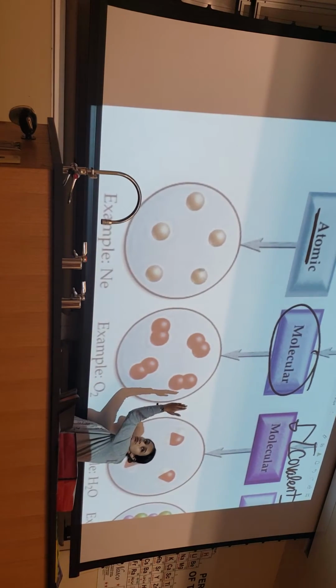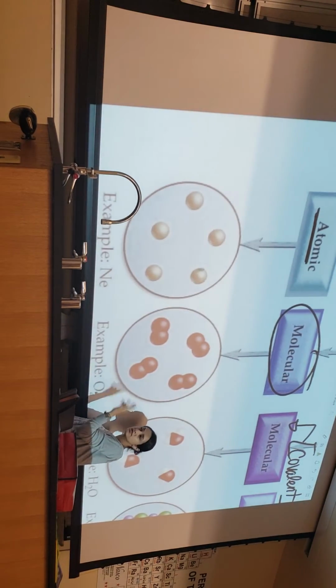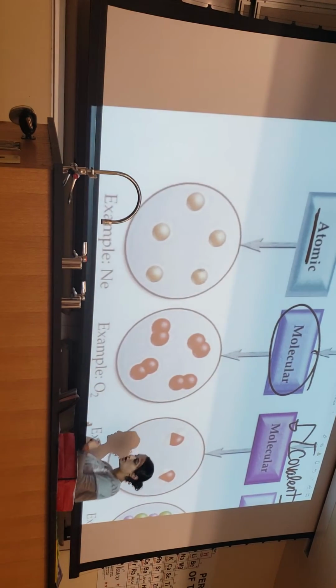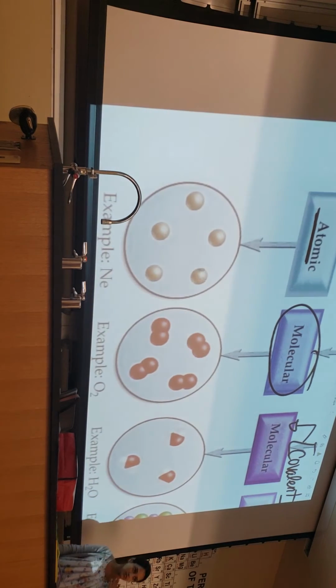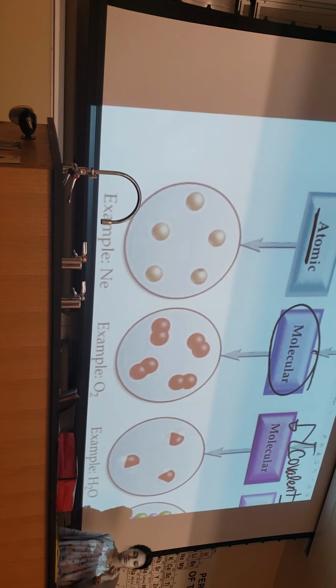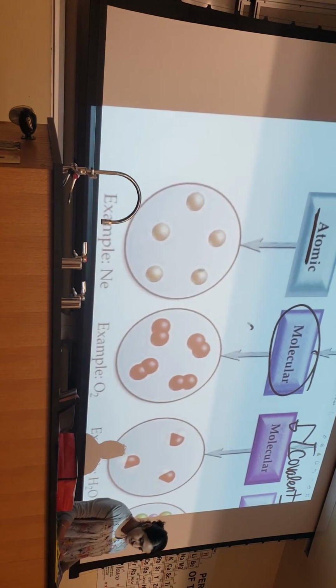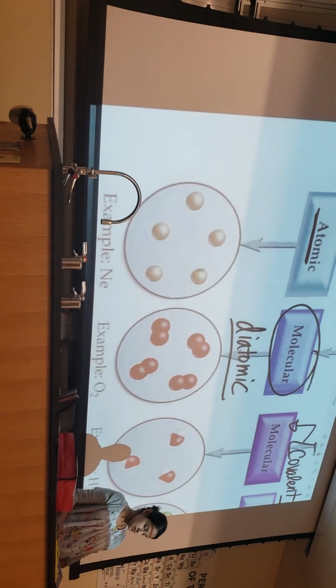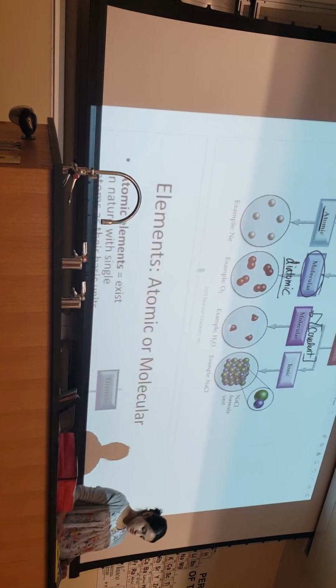This is molecular, but it's still an element because you have the same kind. So when we talk about oxygen gas, you need to survive, oxygen gas is actually a molecular element. It's always two of them, never one. Oxygen, O2 gas, is always O2. It's diatomic. Diatomic. Two atoms fused together every single time.